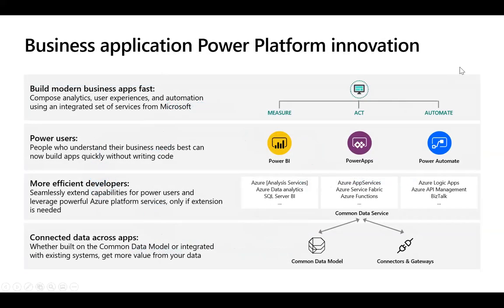So in terms of the Power Platform in itself, what you can see here is it reduces the time of application development. A few years back, you'd get developers sitting together, and sometimes it takes them 4 or 5 months. They're writing code, they're building an app, and then eventually the app comes along.